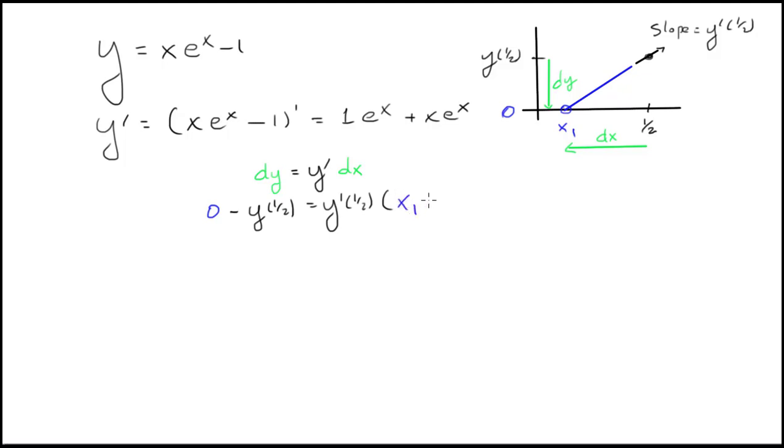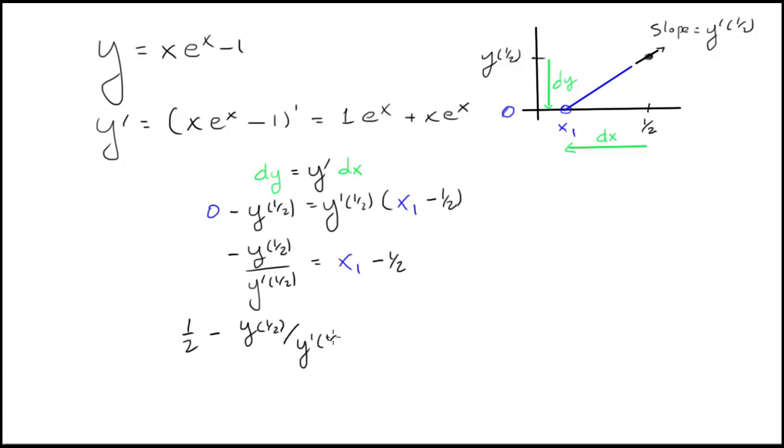And I solve for x1. Now I have x1 in terms of all the information at my point. So my initial guess, and I get my x1.